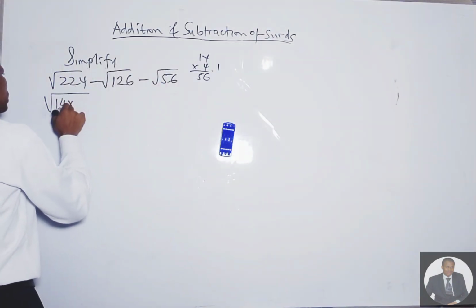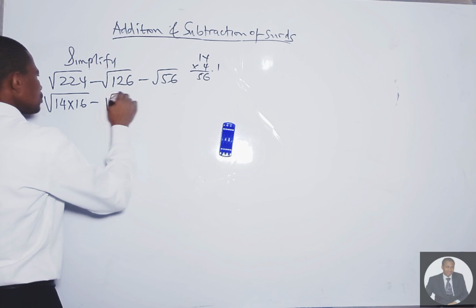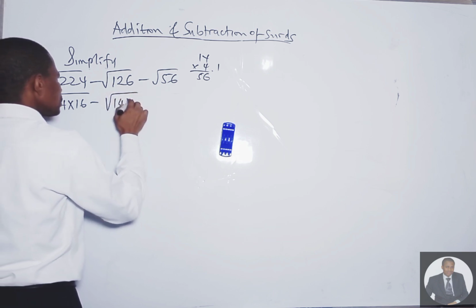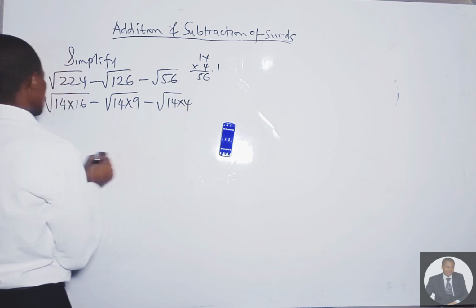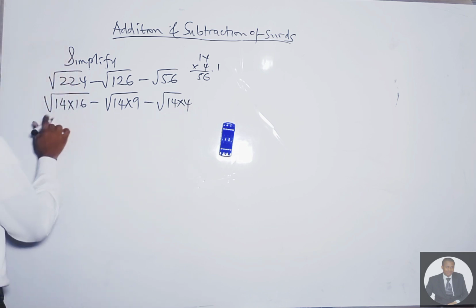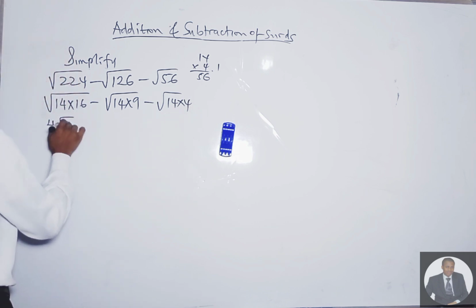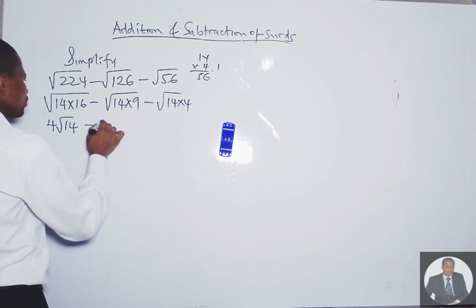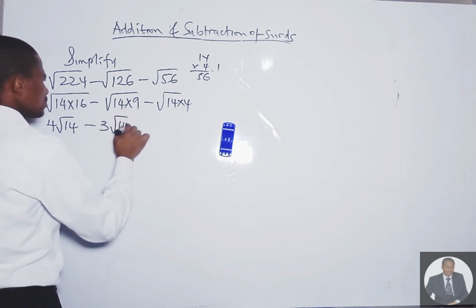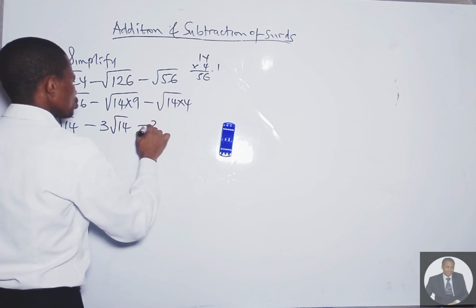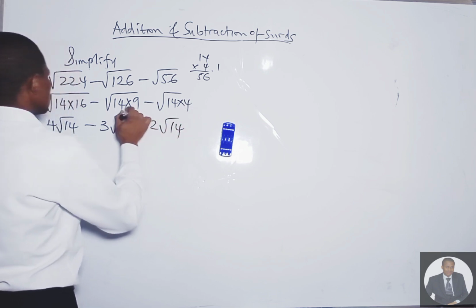14 times 16 minus 14 times 9 minus 14 times 4. So the square root of 16 is 4 root 14. The square root of 9 is 3 root 14. And the square root of 4 is 2 root 14.